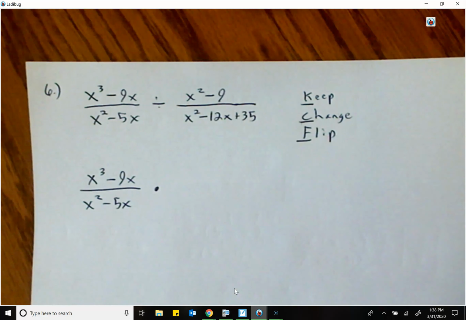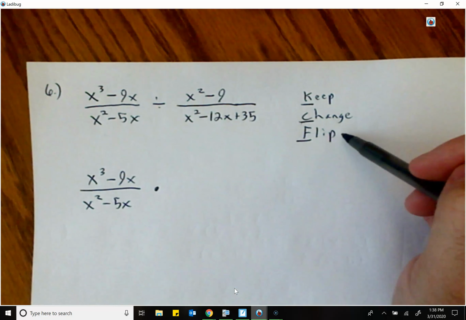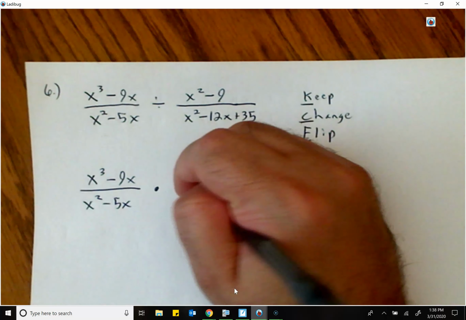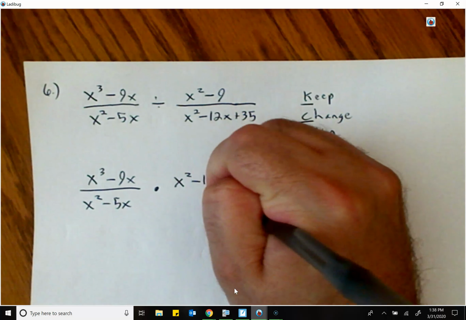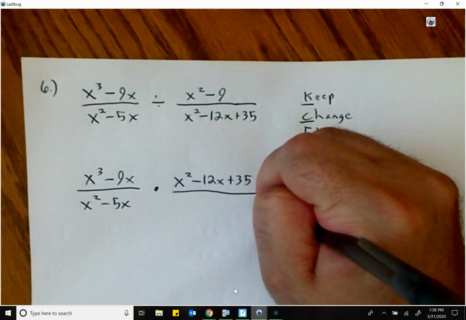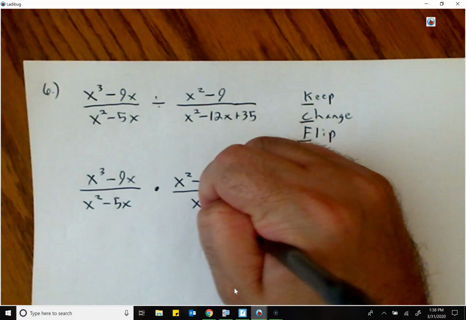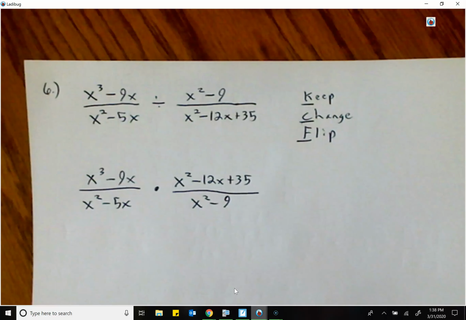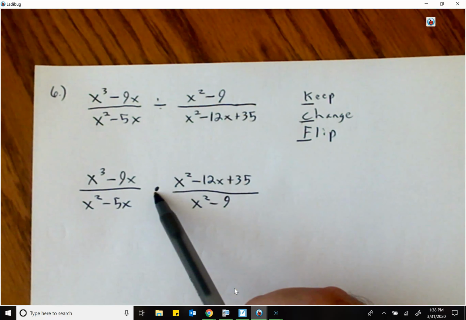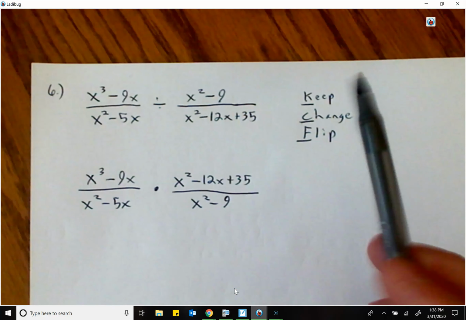Division is really multiplication. In the flip, we're going to take this rational and turn it upside down. So we're going to put the x squared minus 12x plus 35 on top, all over the x squared minus 9. So we kept, we changed to multiplication, and we flipped it.